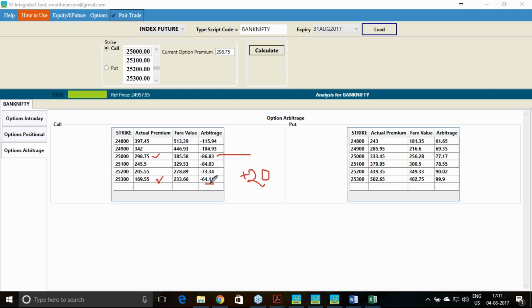You sold an instrument which has 64 rupees of lesser value. So this 20 rupees into 40 is 800 rupees, your arbitrage value. So day end, out of this 800, if you are getting some 50%, 300, 400, that is your arbitrage gain.